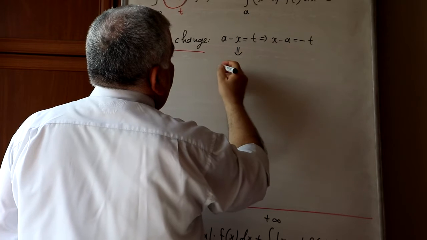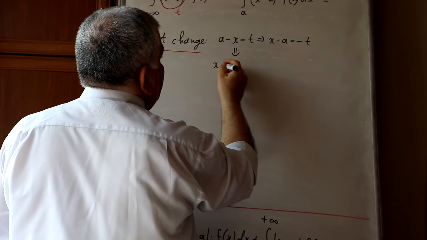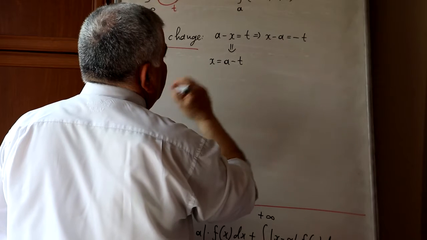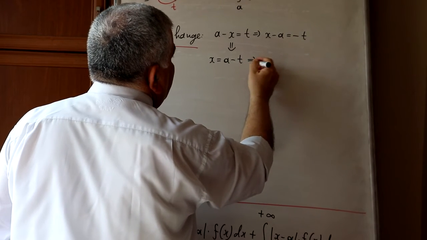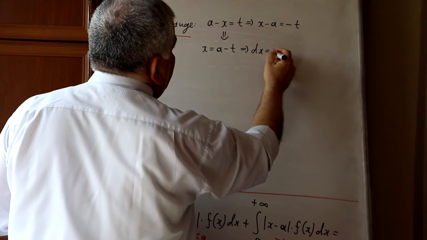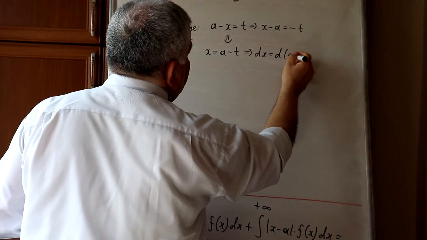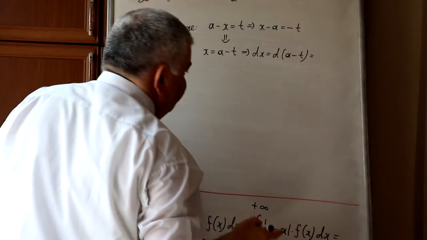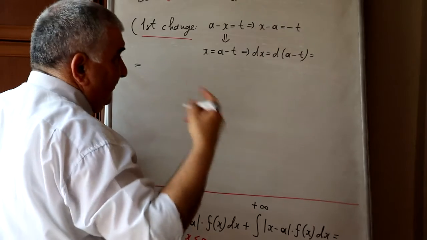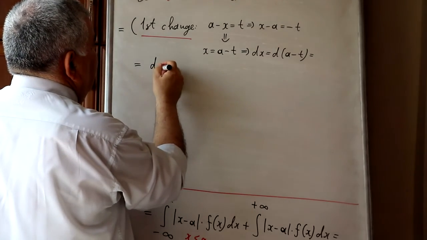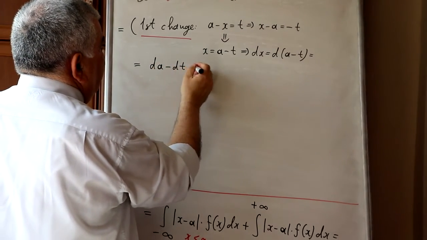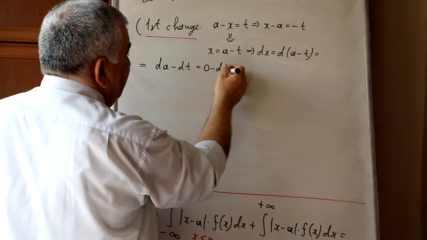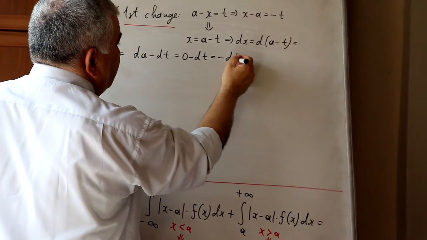From here we'll have x is a minus t, and dx is d of a minus t, and you know that the differential of the difference is the difference of differentials. It is dA minus dt. Here a is constant value, it is 0, 0 minus dt, and we will obtain simply minus dt.